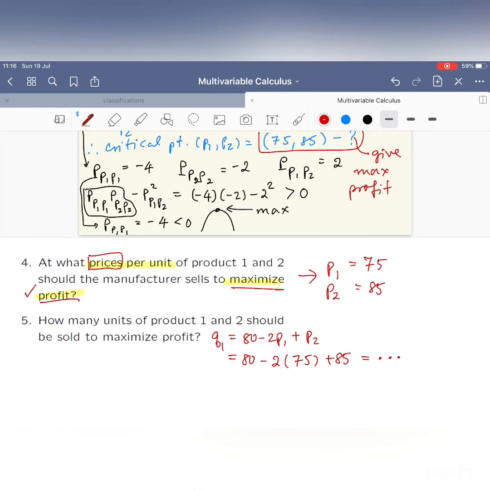We good? Okay. Or you can say, hey, this is 165, this is 150, right? This is 150. So you end up with 15 units. Okay. How about your Q2?